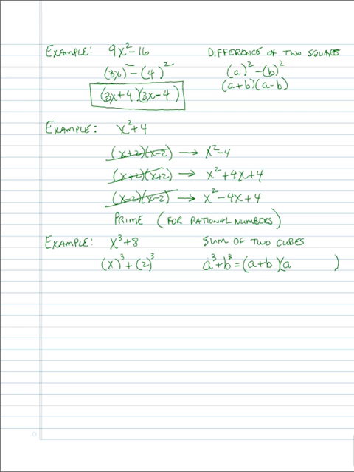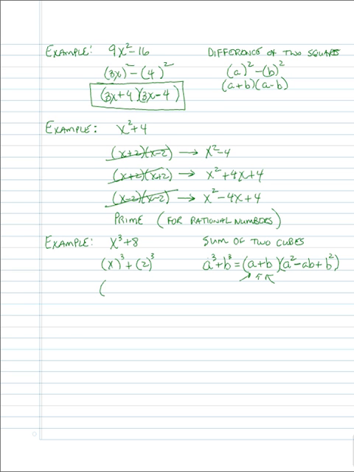It's the a that we have in the binomial squared, and then the sign that goes right here is opposite that plus sign, okay? And what we put in this position is the a times the b that we have here. And then this sign in the trinomial is positive always, and what we have in this position is b squared, the b that we have in that binomial squared.